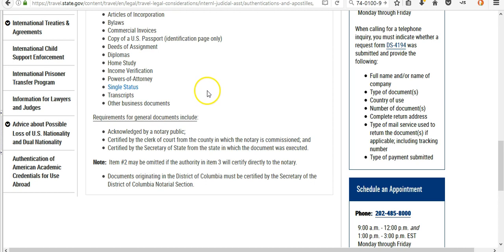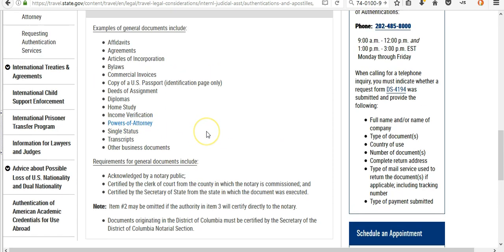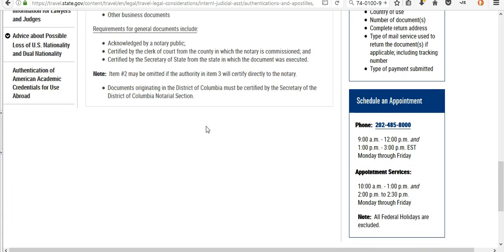Interesting. Power of attorney. Interesting. Single status. Power of attorney. Interesting. Alright? So look. Requirements for general documents include acknowledged by a notary public.